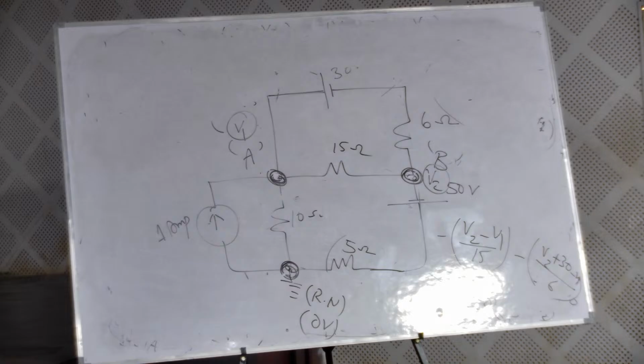Minus of V2 minus V1 by 15 minus of V2 plus 30 minus V1 by 6 minus of V2 plus 50 by 5 is equal to 0.